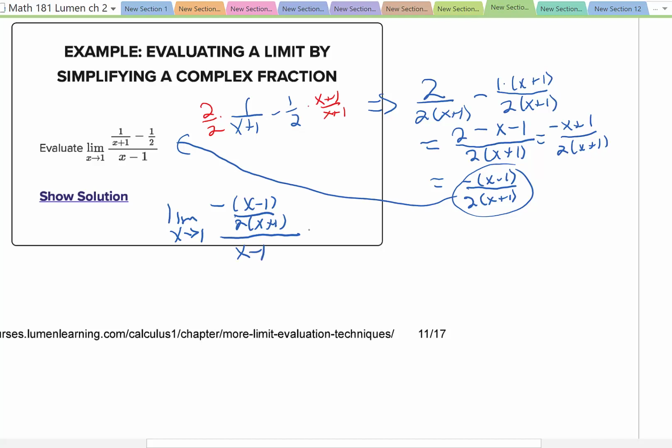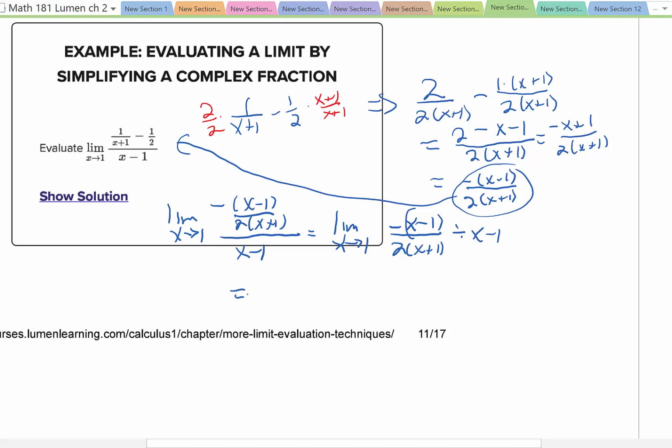And so this is like saying the limit as x approaches 1 of the negative of x minus 1 over 2 times x plus 1, divided by x minus 1.